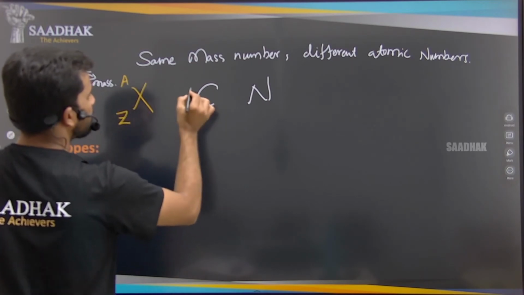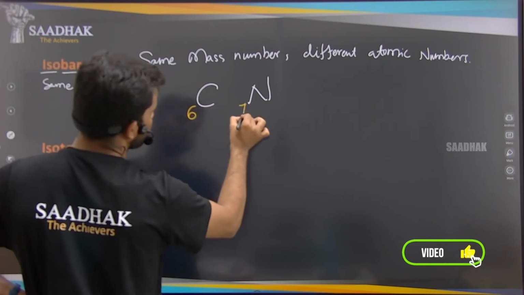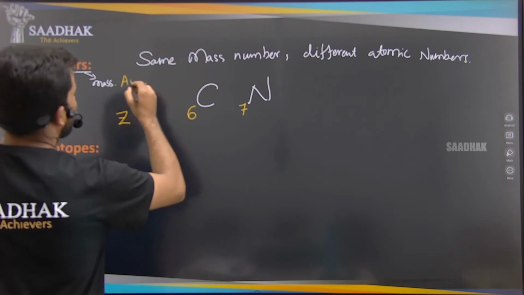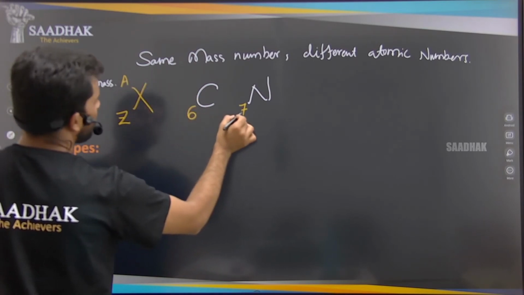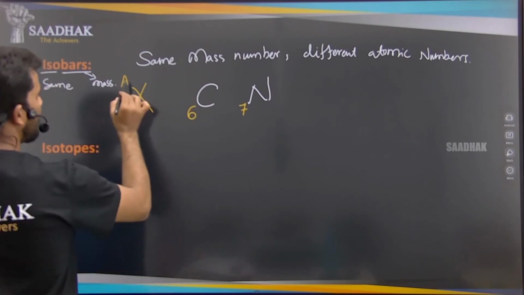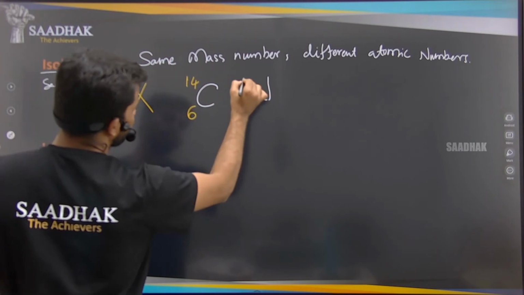What is the atomic number of carbon? That is 6, and nitrogen is 7. So the atomic numbers are 6 and 7 for carbon and nitrogen, while the mass number of carbon is 14 and the mass number of nitrogen is 14.